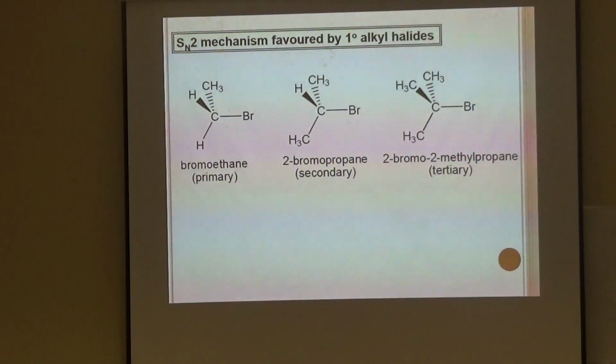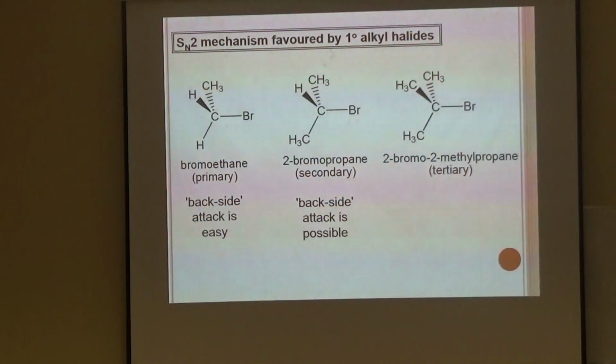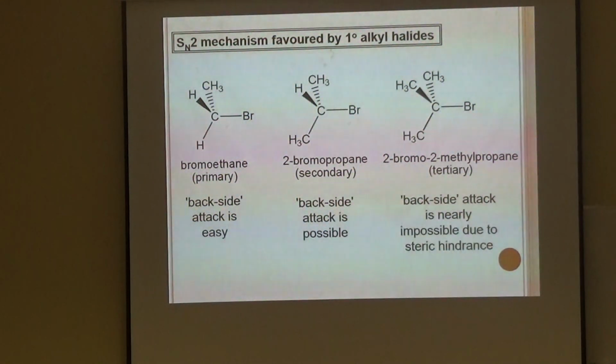As a result, the SN2 mechanism will be favored by primary alkyl halides. Primary alkyl halides prefer to go through what we have learned, the SN2 mechanism. It is easy to perform a backside attack on a primary alkyl halide. It is possible for secondary, but it will be difficult.